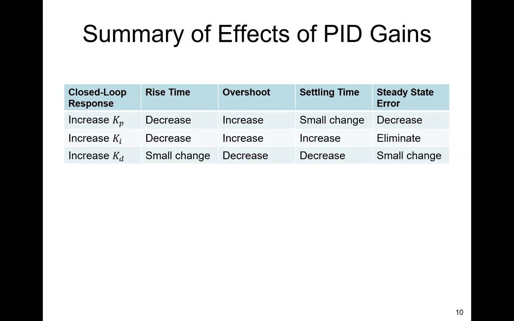Kp, no matter how large it is, you cannot decrease the steady state error to 0 unless you have infinite Kp. But adding a Ki helps you to reduce it to 0. And Kd, increasing Kd helps to decrease overshoot and decrease settling time. So that's the general effects of the three parameters for PID control.